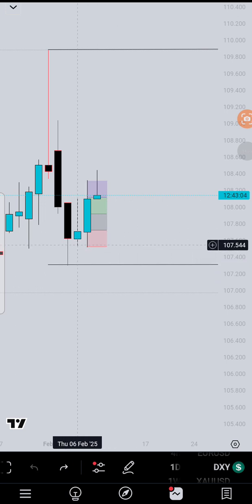We swept the previous candle's low and closed above the opening and the closing price of the previous candle. This is the previous candle. The opening is at this level, the closing at this level. But the engulfing candle swept the low of the previous candle and closed above its opening and closing, which qualifies it to be a bullish engulfing candle.